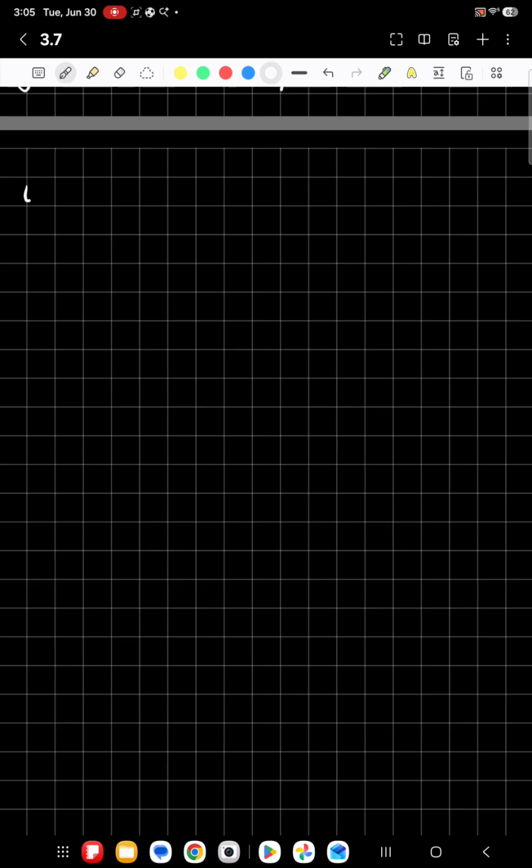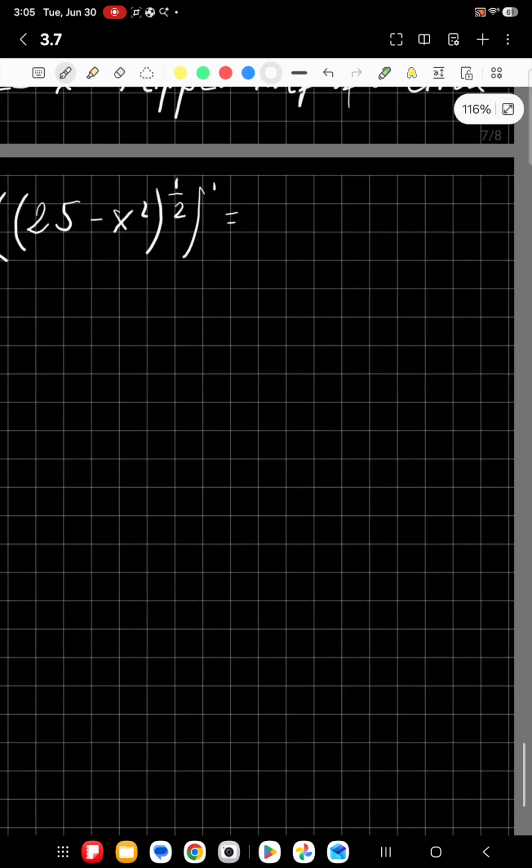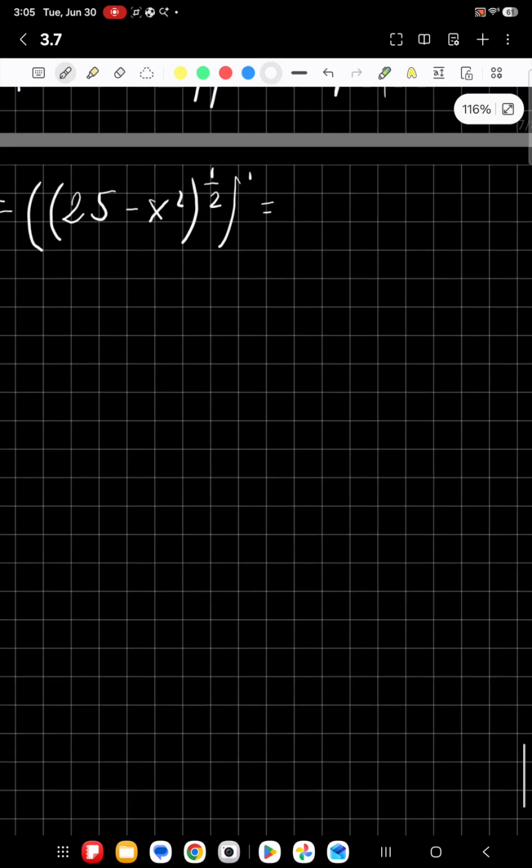So y prime. I'm just going to rewrite it, right? So I'll take that 25 minus x squared. Right, so there was a square root, so this is going to be 1 over 2, and then we're taking the derivative. The first step will be to do the derivative of the outside.